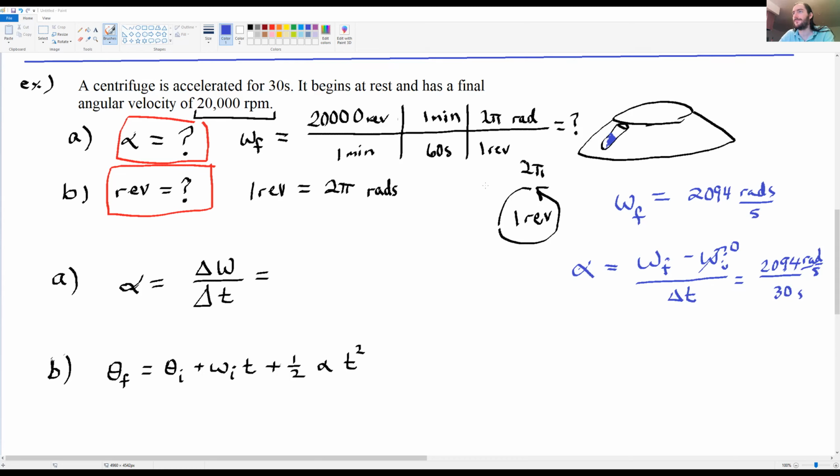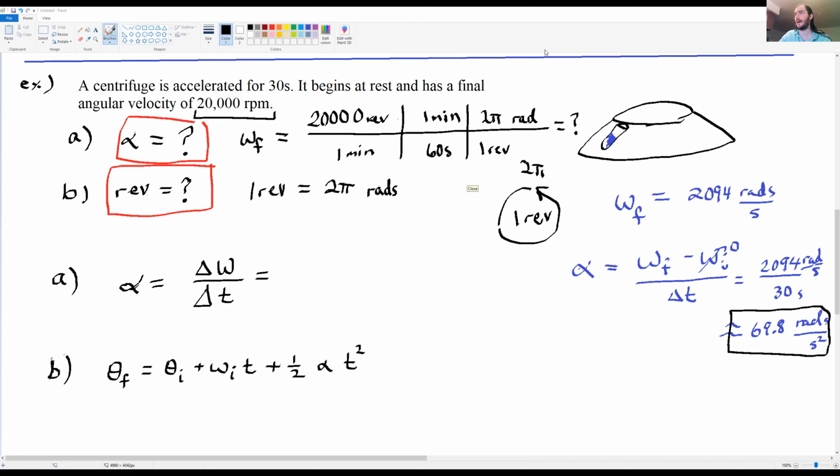Okay, good. And so there is the answer for part A. I'm hoping everybody finished part A before I did, but there it is.